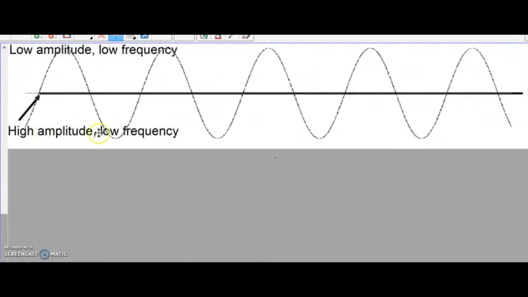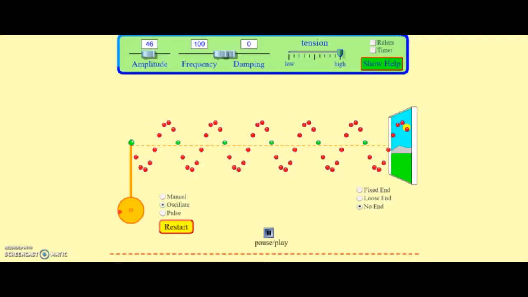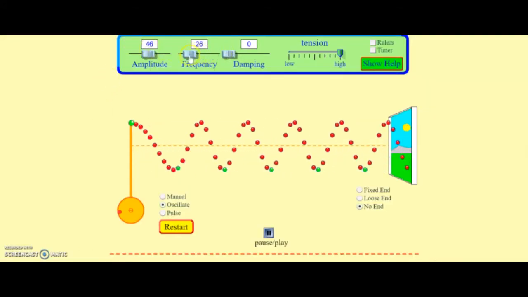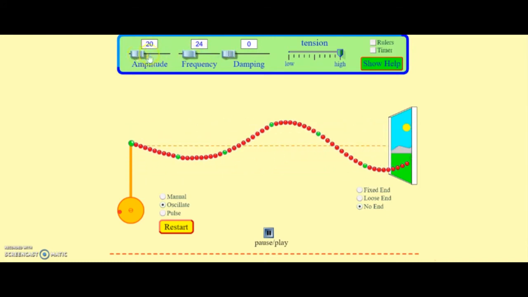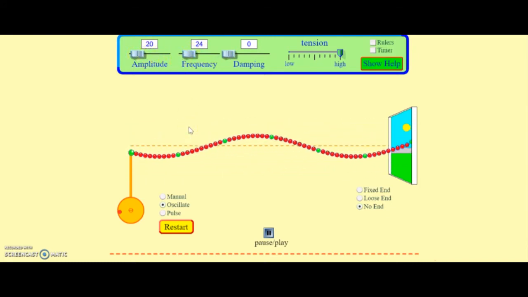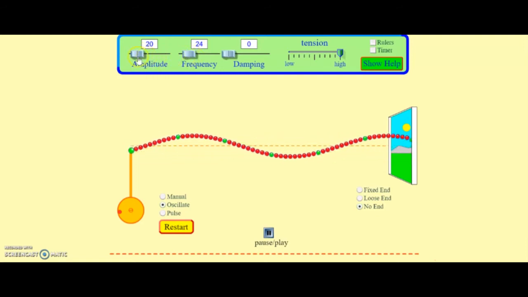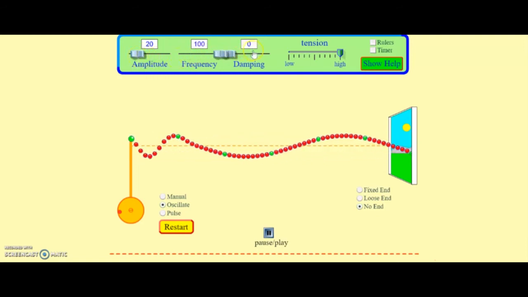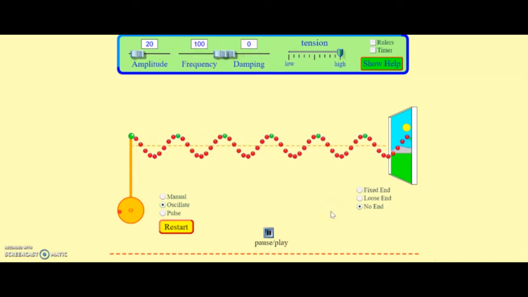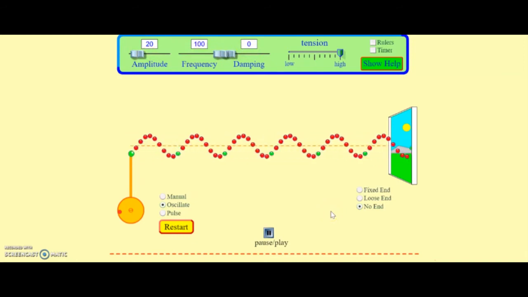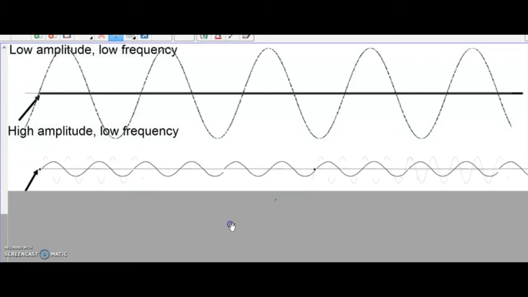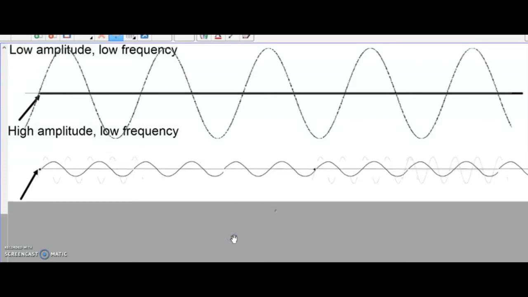We're going to go back to low amplitude, but this time we're going to have a high frequency. Here's where we are right now. Low amplitude, low frequency. This is what we started with. What happens if we have a low amplitude and a high frequency? It looks like this, so draw something similar to that. Please ignore these extra marks.